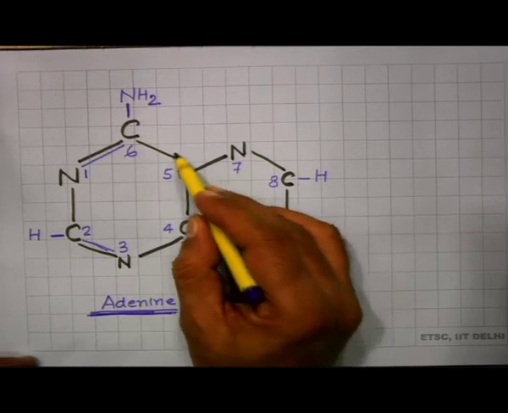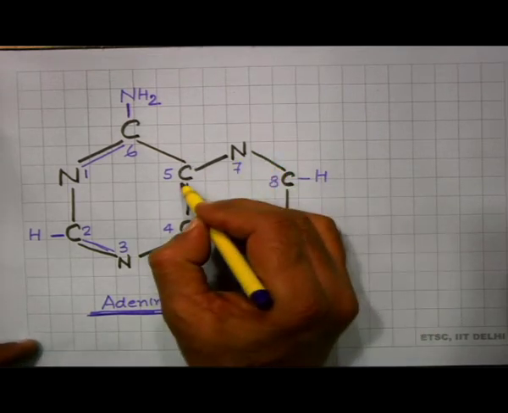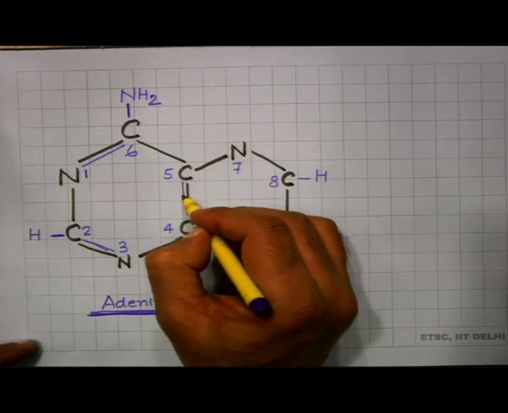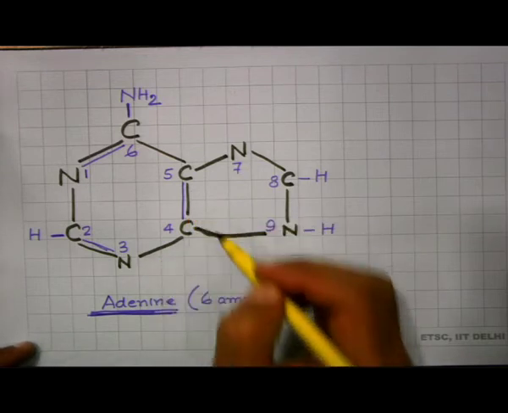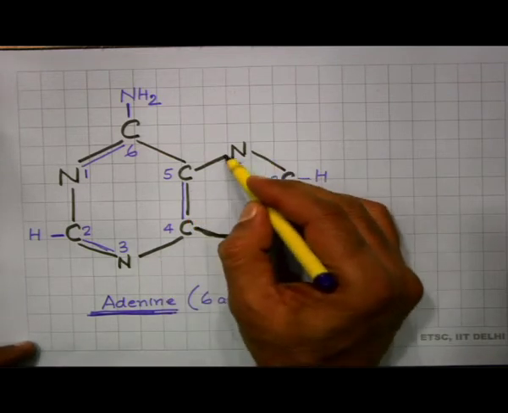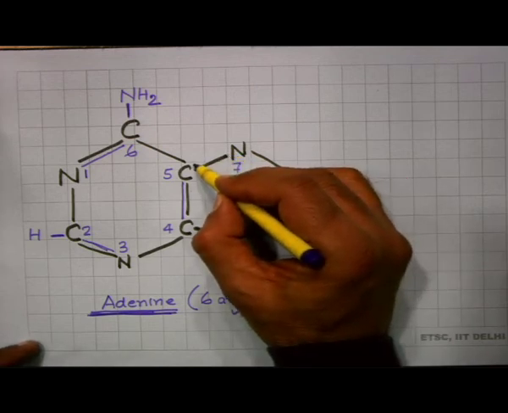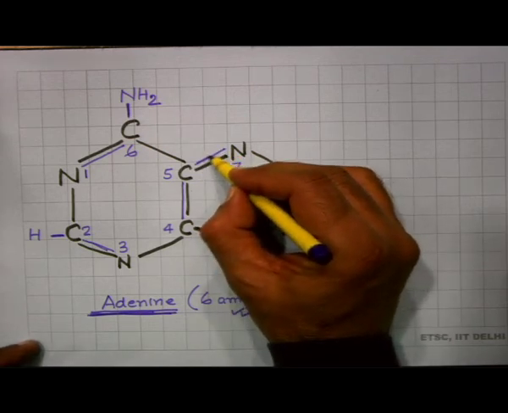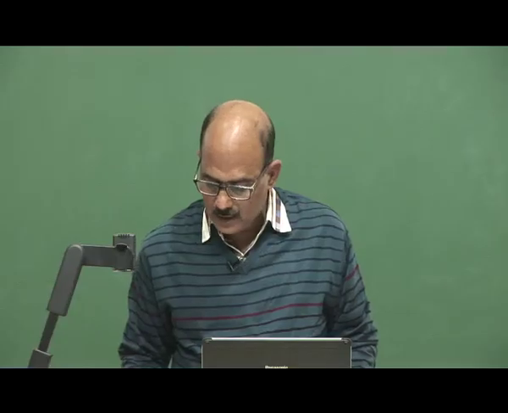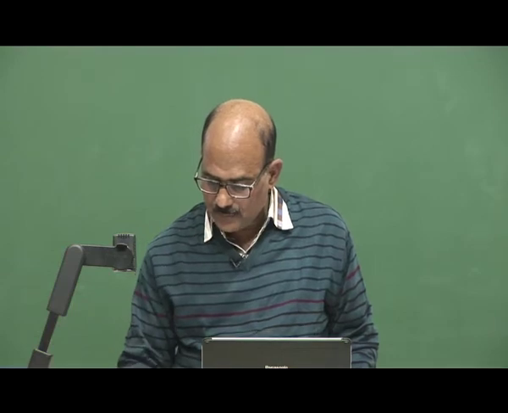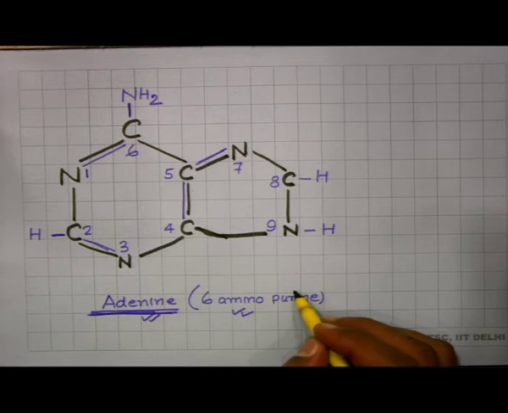Here carbon 1, 2, 3, nitrogen is also not complete, so here the next double bond is present in between. Now, here nitrogen has only 2 bonds, so here you place the double bond. So, with the help of bonding, you can easily write the structure of adenine, that is 6-aminopurine.